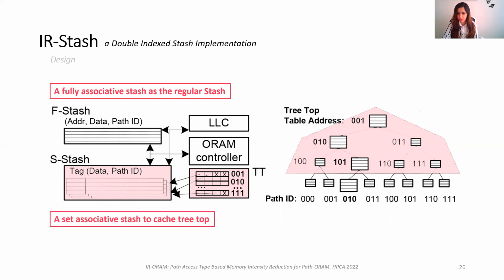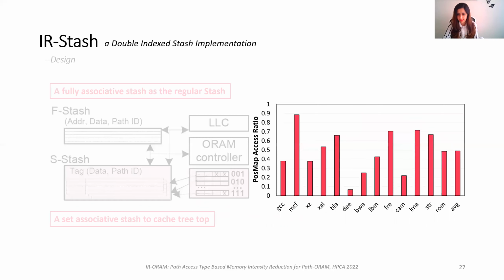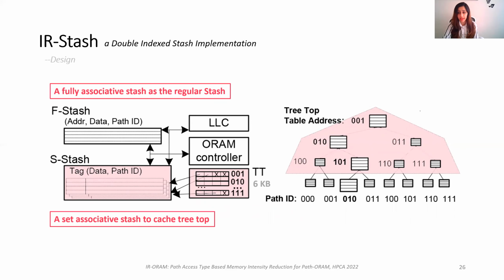This stash is accessible also by path ID with the help of a little table that maintains the tree structure. In this way, if a block is a hit in the treetop cache, it will be accessible via S-stash lookup. So no postmap access will be required.